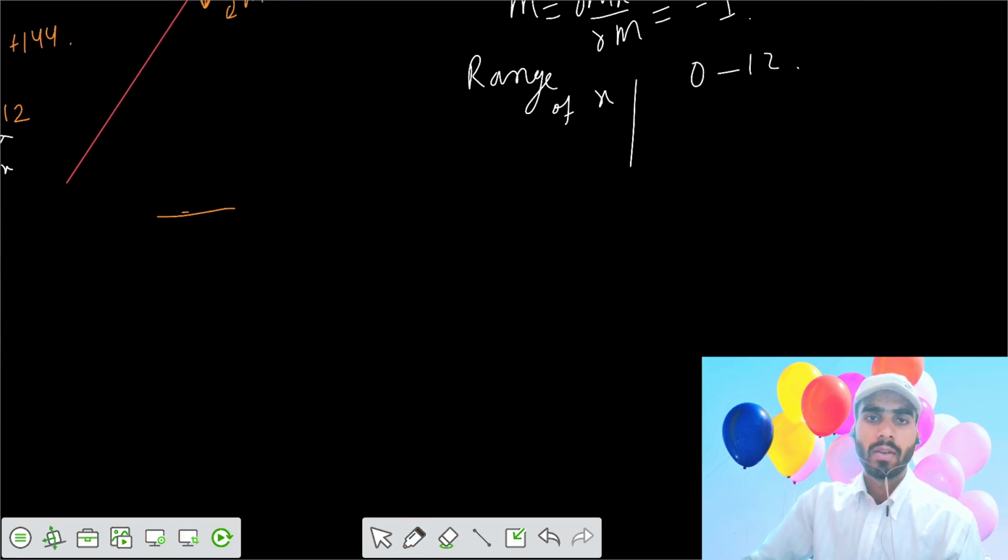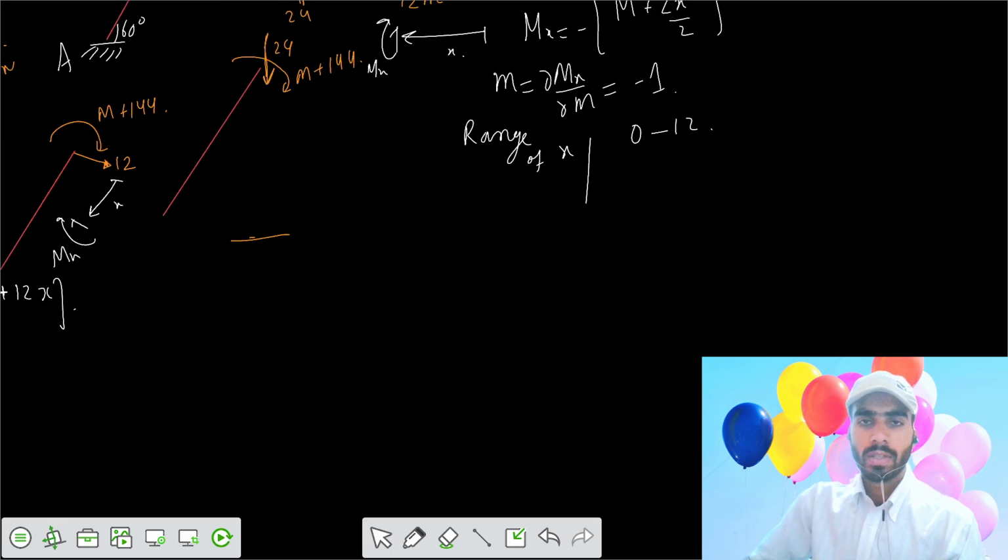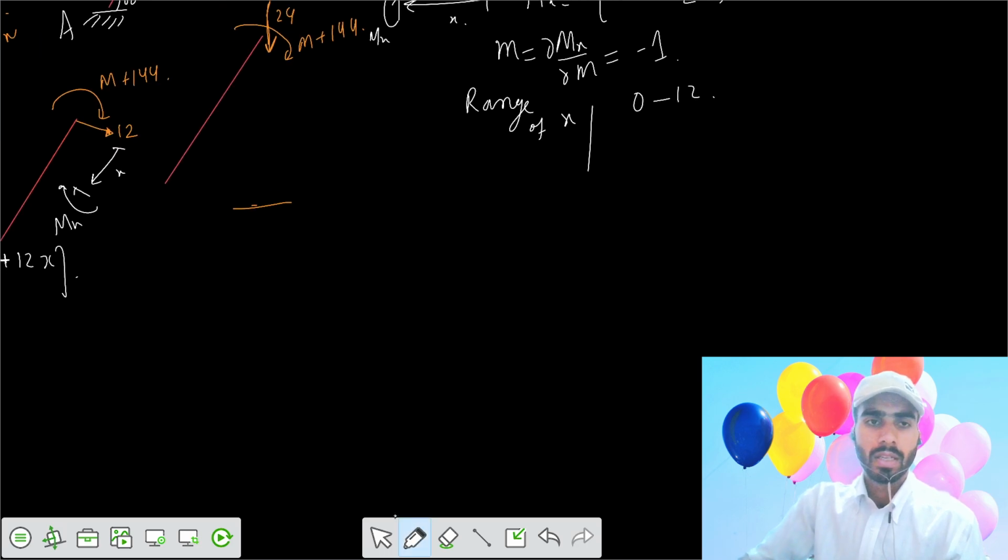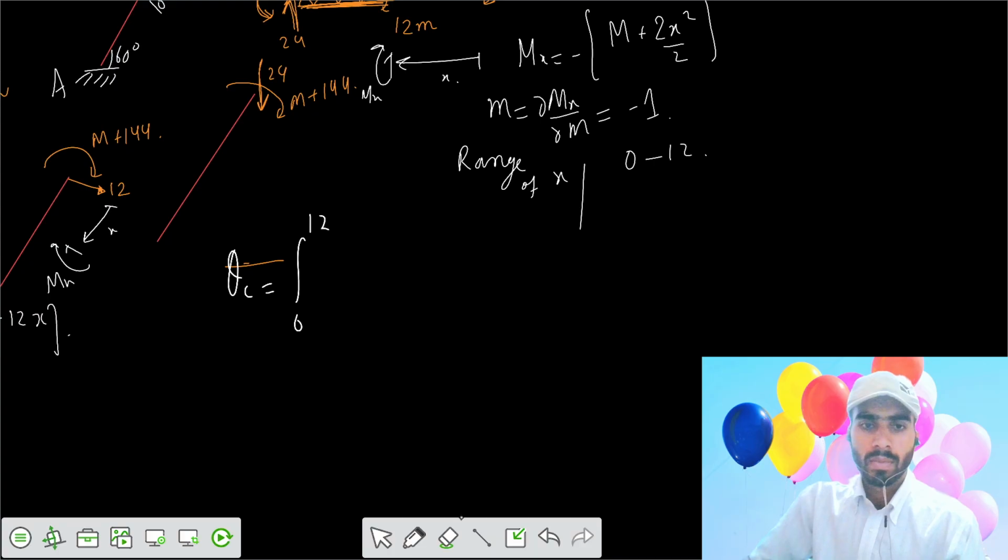So we can finally find the value of theta at C. Theta at C equals integral from 0 to 12 of minus times M plus 2x square by 2, then times minus 1, dx by EI, plus integral from 0 to 10 for this part.